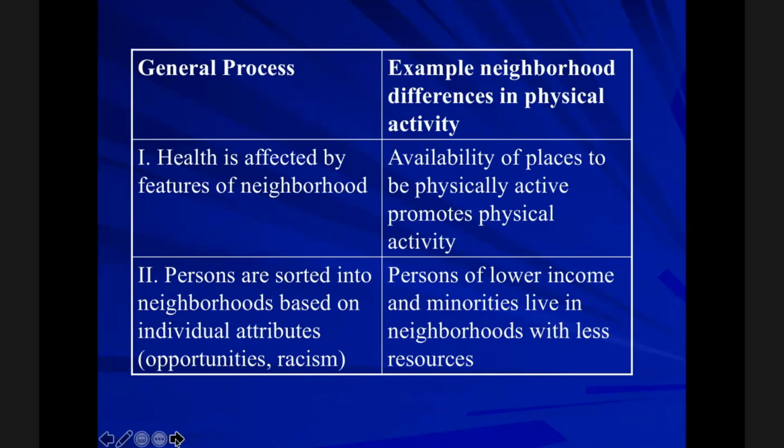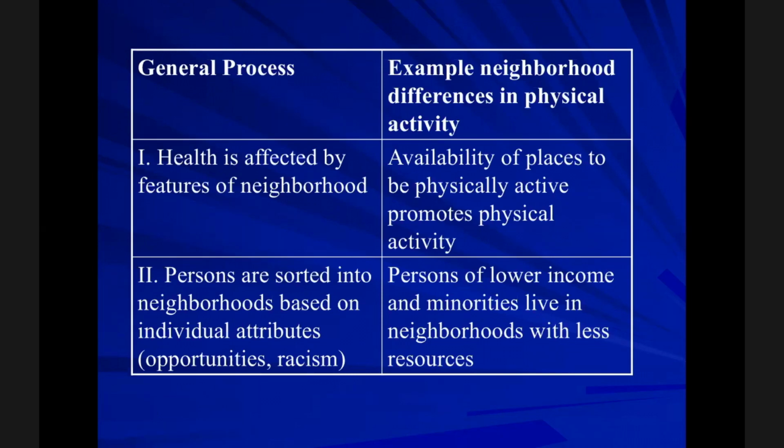And this is because the factors that drive neighborhood differences in health are many. On this slide, there are the two key ones that are most often talked about. Certainly the top one, the idea that health is affected by features of the neighborhood. For example, availability of places to be physically active may promote physical activity.